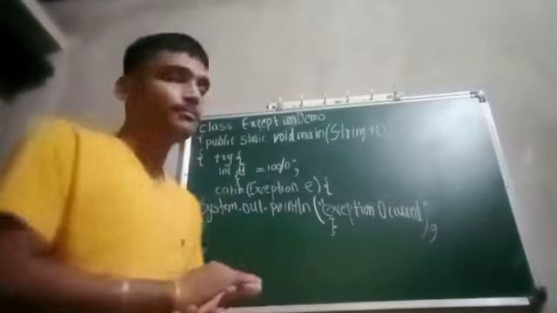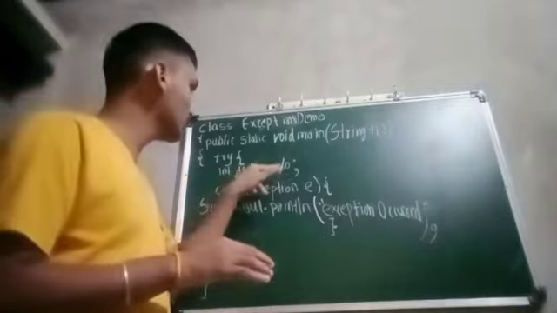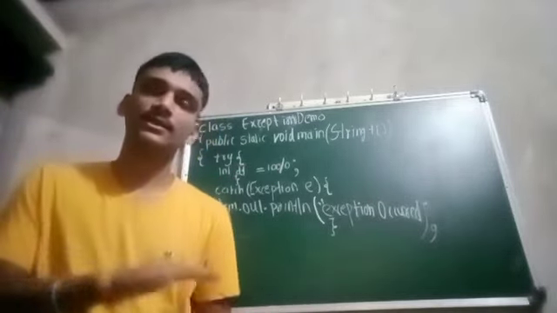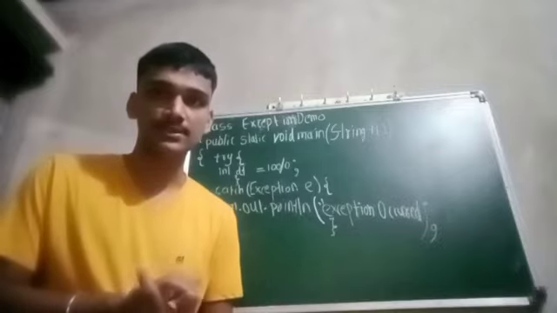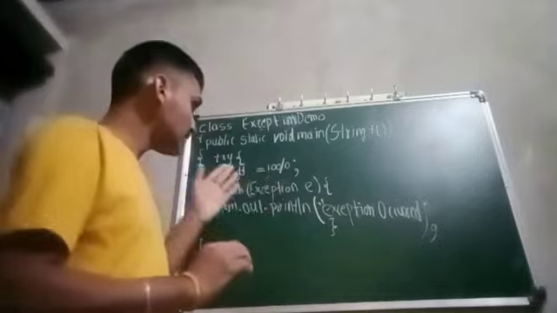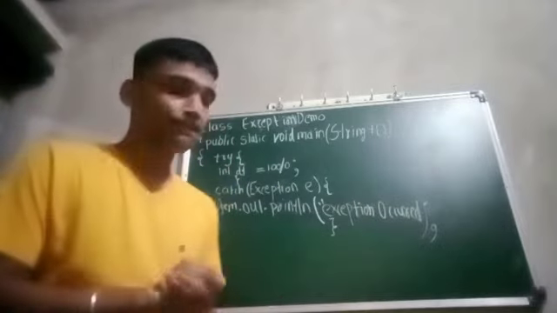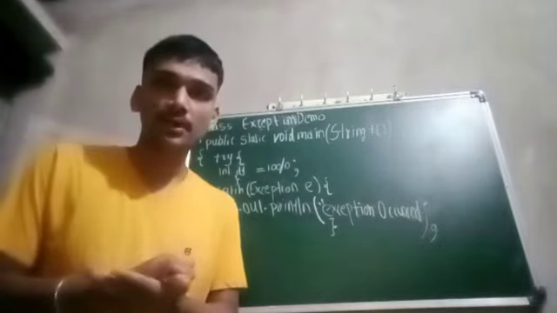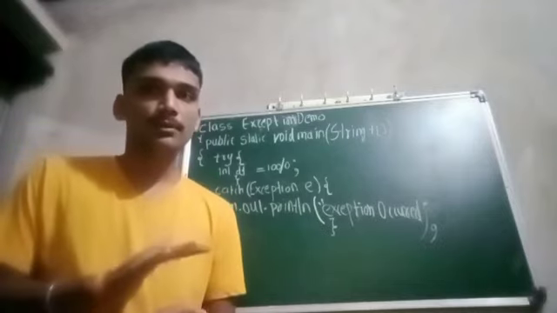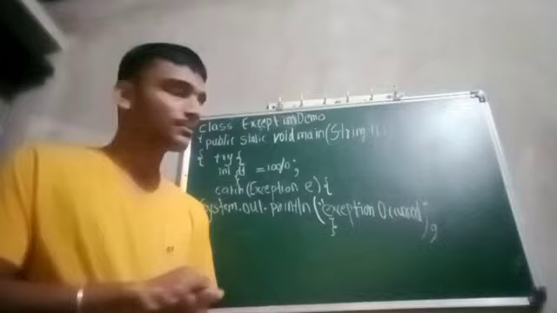Here I am guessing that 100 divided by 0 will raise an exception, an arithmetic exception. So whatever can raise an exception is put inside the try block.